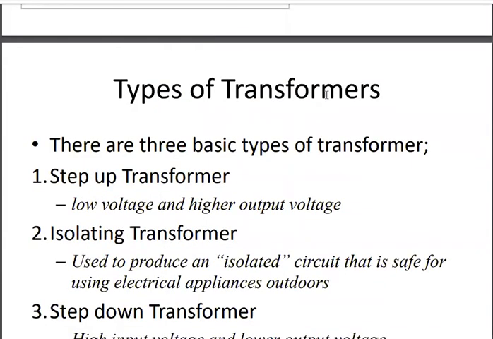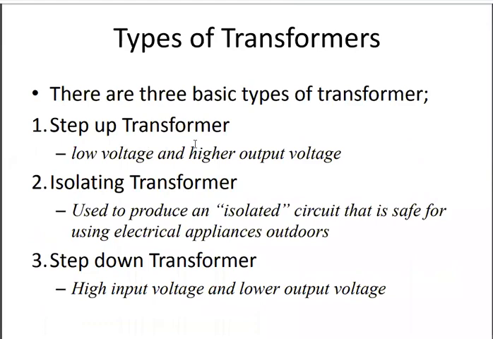Now, types of transformer I have already discussed. There are three basic types of transformer. One is a step-up transformer. A step-up means you give low voltage at the input level at high current, and you will get high voltage at the output level at low current.